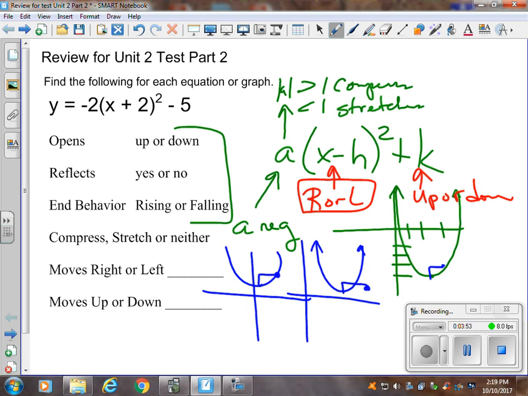So that means whatever you put in here is going to do the opposite. So for example, if I wanted a formula to go right 2, I'd put a 2 in here. And that makes it look like x minus 2, which looks the opposite, right? Or if I put in negative 3 for going left 3, then negative 3 and negative turns into a positive. And that's why it's always the opposite, because it has a subtraction sign in the original formula. In order to pull that back out, I have to do the opposite.